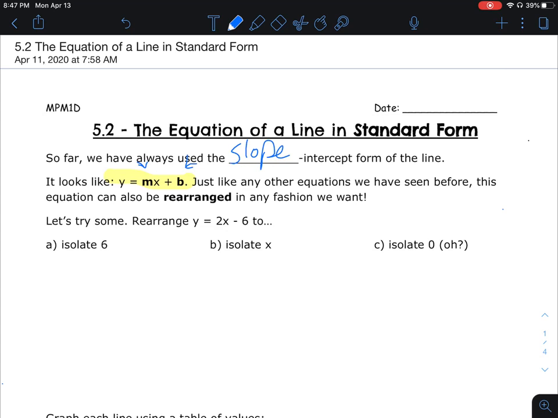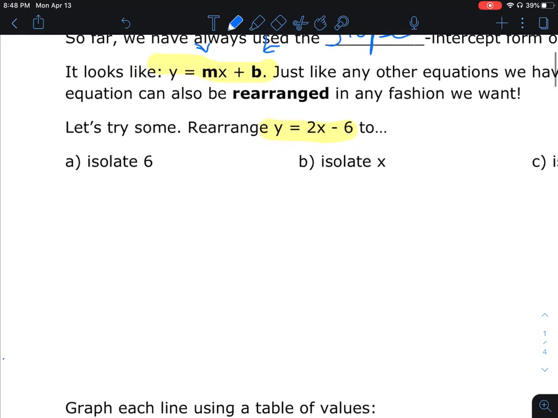Just like any other equations we've seen before, this can also be rearranged in any fashion that we want. So we're going to take the equation of a line y equals 2x minus 6, and we're going to isolate for 6, positive 6. So y equals 2x minus 6. Well, I have a positive 2x.